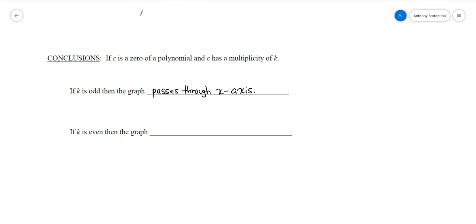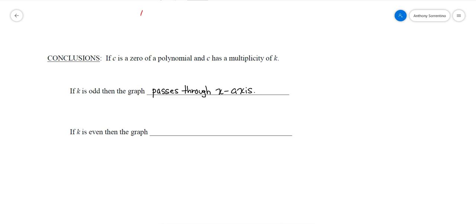So if I say that 4 is a zero of the polynomial, I should see the graph pass through x equaling 4 on the x-axis, and it passes right through. Now, I have to judge if it's just going straight through, or if it's leveling off as it passes through and then gets steep again. That'll let me know if it's a multiplicity of 1 versus a multiplicity of 3.